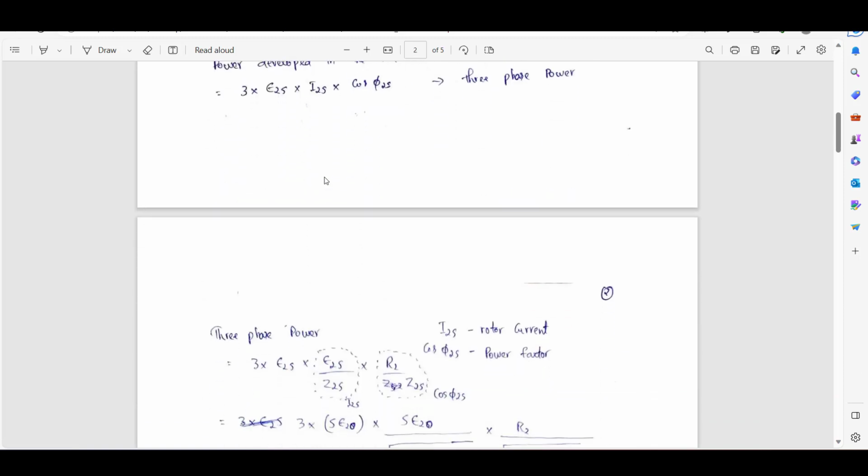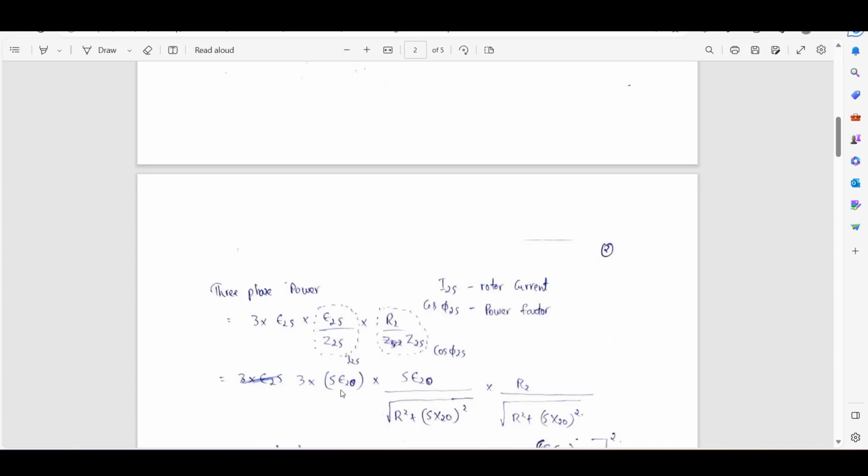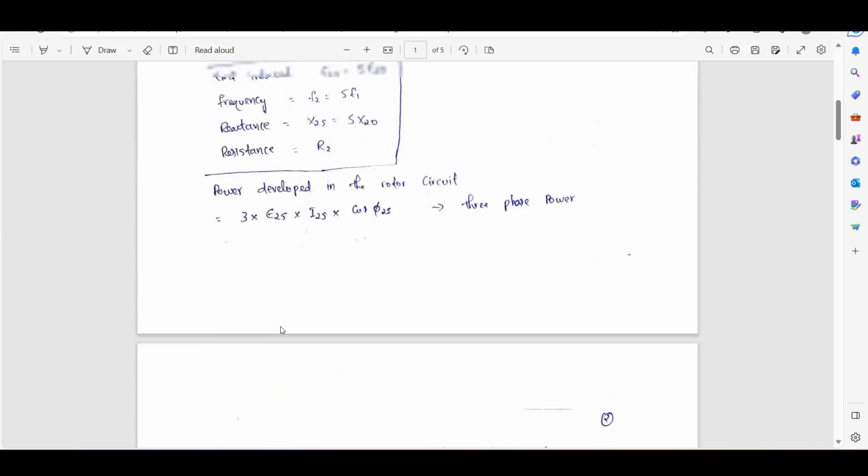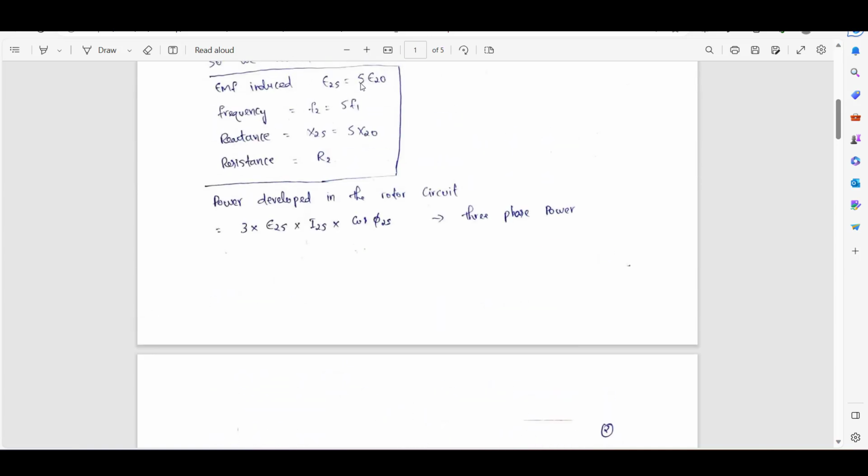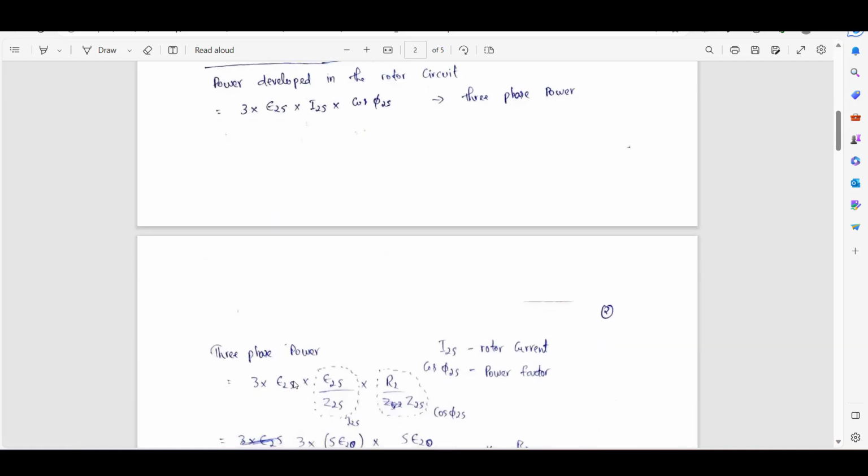From these formulas, we can substitute. E2(s) is equal to s × E2(0), so we substitute that here.